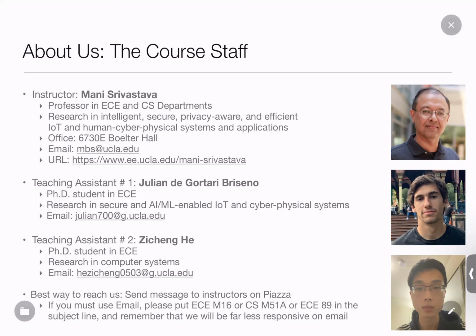As opposed to servers and desktops, my lab and my students work on what are called cyber-physical systems or embedded computing systems, essentially things that interact with human beings and physical systems through sensors, do some processing, and then command and control them back. In that context, we look at a variety of issues: how to build these systems, the algorithms behind them, the design tools behind them, and societal issues like security and privacy.